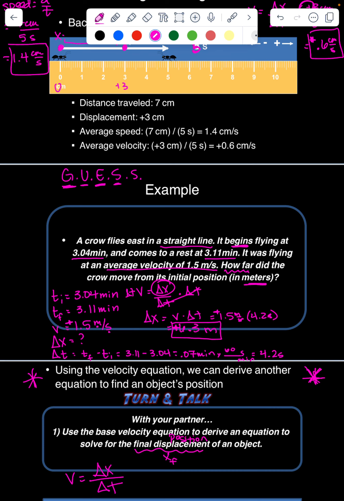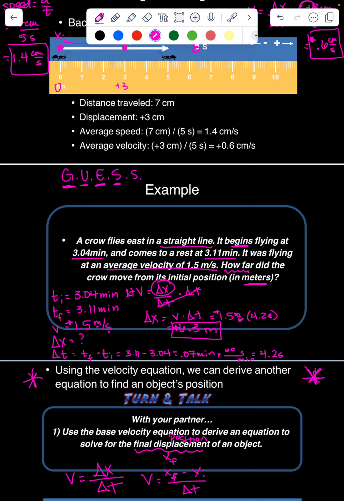All right, well, the first thing that we should notice is we don't have x sub f on this specific equation. So what do we have to do? We have to break down delta x. All right, so we know that velocity equals x final minus x initial over delta t.